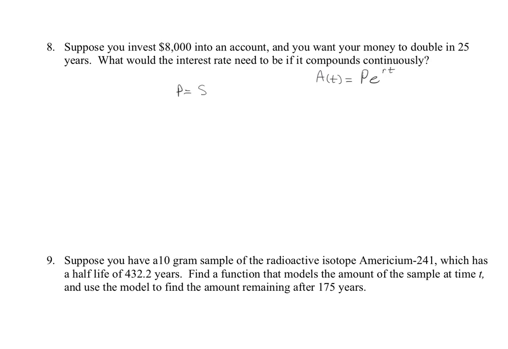So the principal investment is our $8,000. The rate is what we're trying to find. Time is how long will it take? Let's see, 25 years.